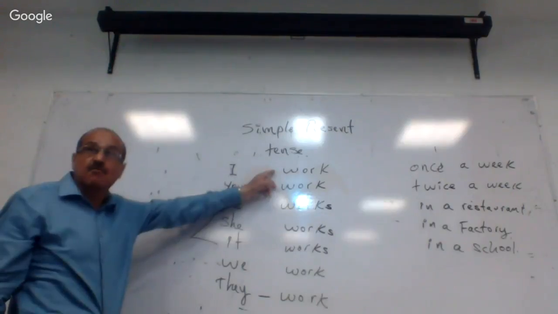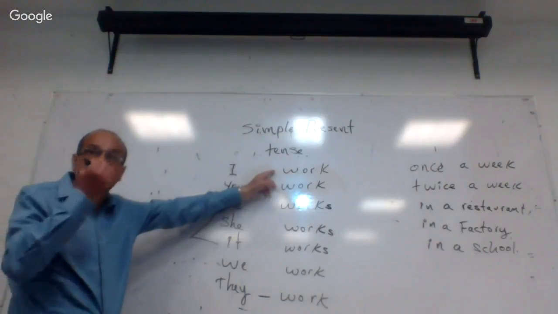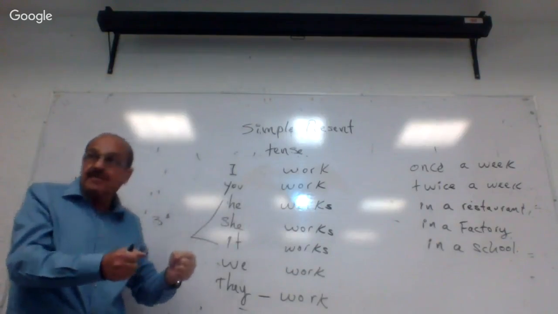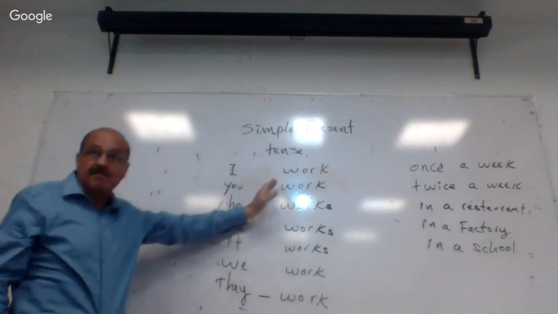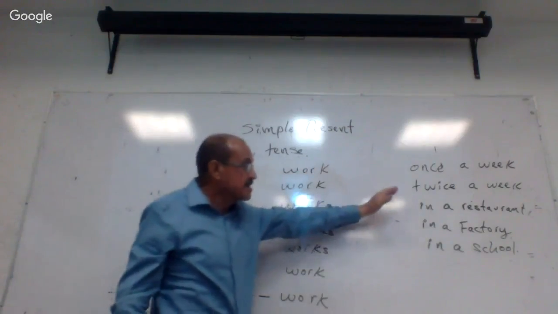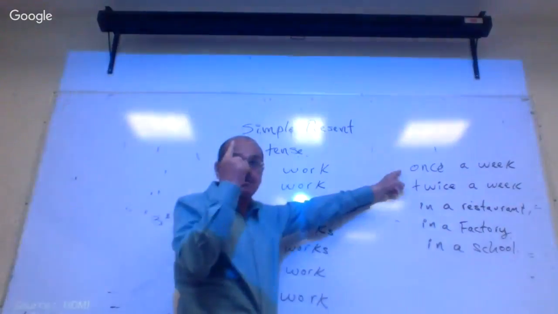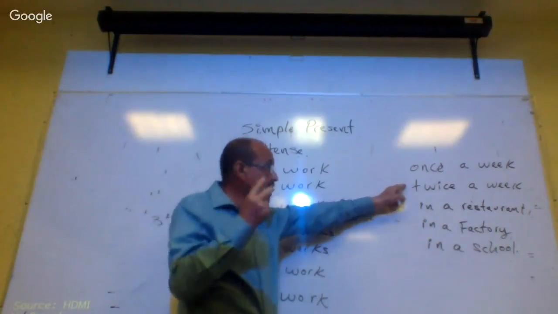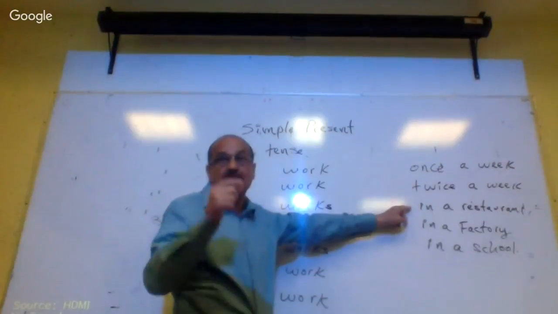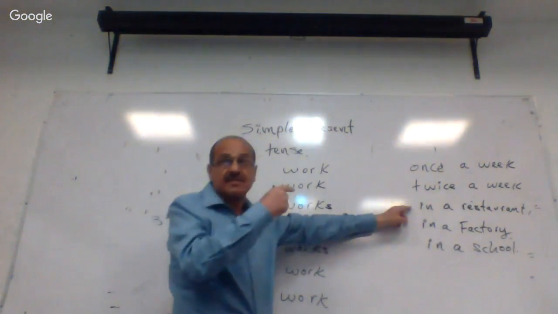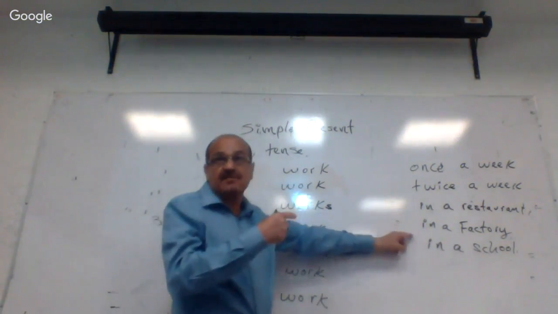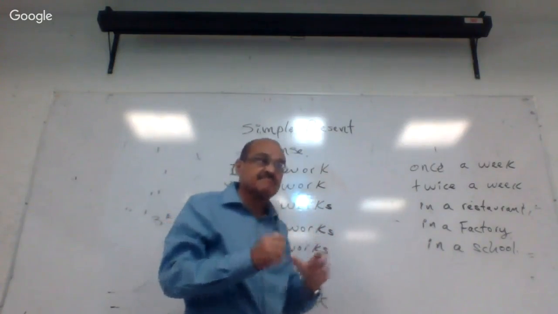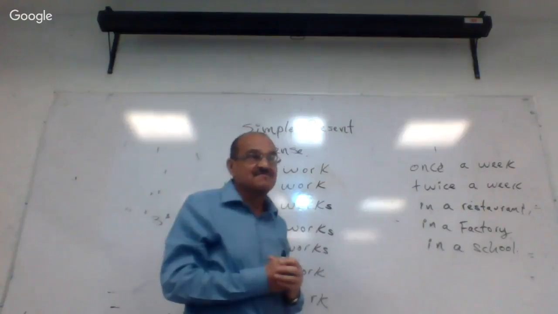Work. Eat. Sleep. Drive. Verb. The complement: once a week, just once a week, no more. Twice a week. Or maybe you work in a restaurant, factory, in school, everywhere. That's all. Okay. No more.